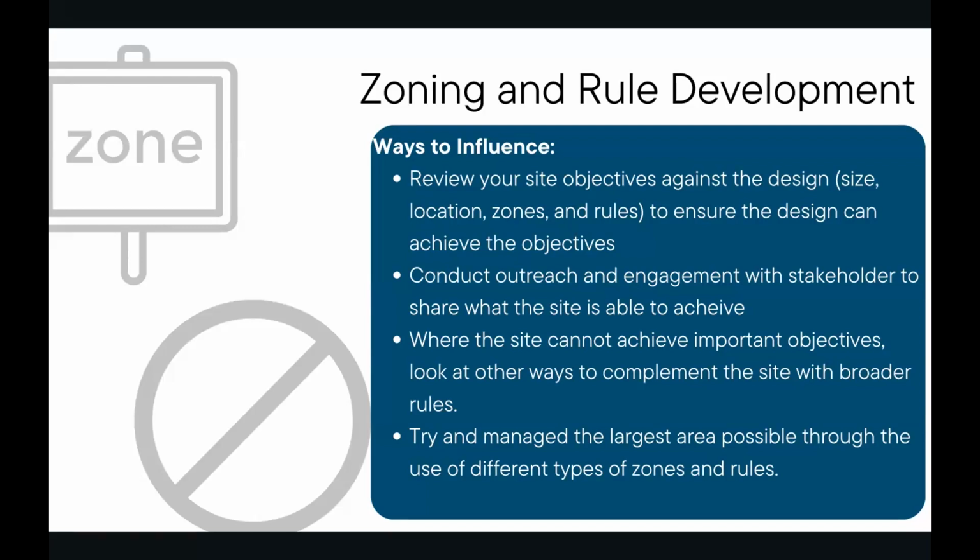So it's not always about creating the largest areas possible and making it all no take, but managing the largest area possible and using these different types of zones and rules between allows you to capture more fish species, more habitat, and gives you more options for management.